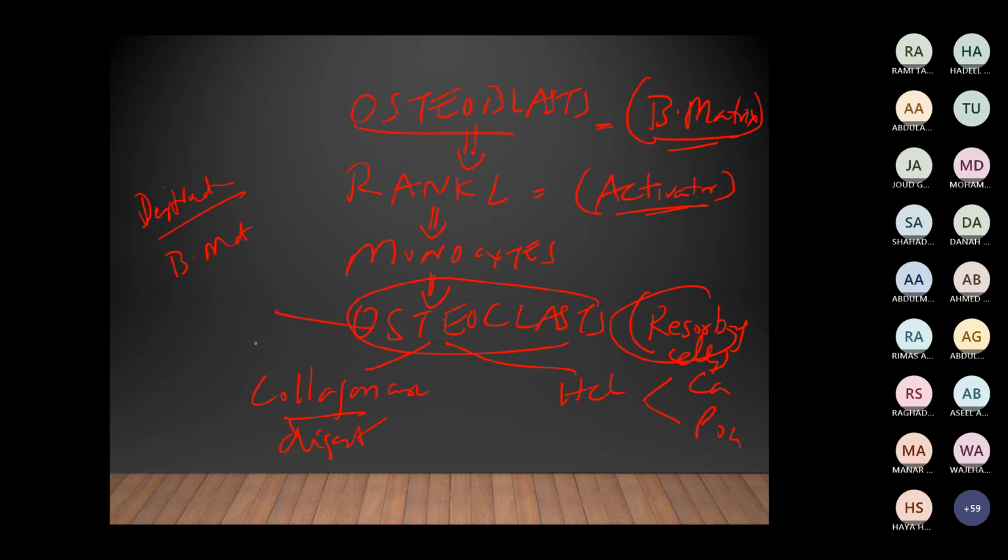Now, if osteoclasts become more activated, the whole bone will be removed. So there should be a control. Again, I go back to osteoblasts. They have one more cell product called, remember, osteoprotegerin.